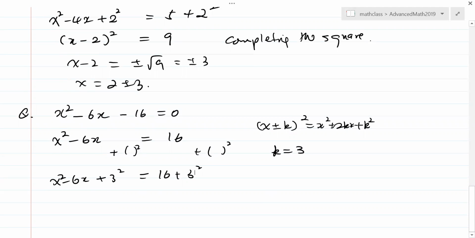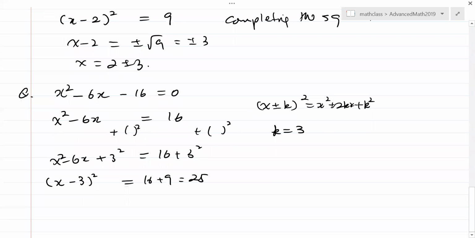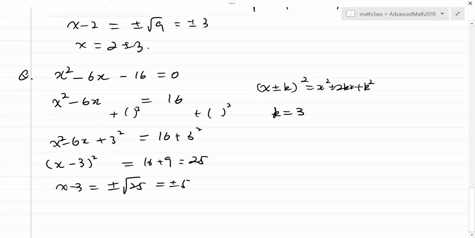Then the left hand side is (x minus 3) squared. The right hand side is 16 plus 9, which is 25. Then this is a simple equation: something squared equals 25. So x minus 3 is going to be plus or minus the square root of 25, which is 5.